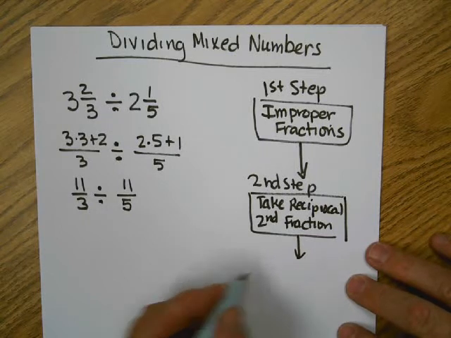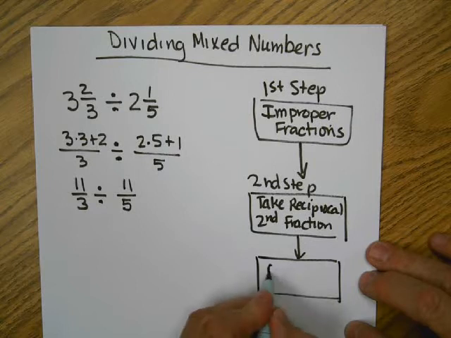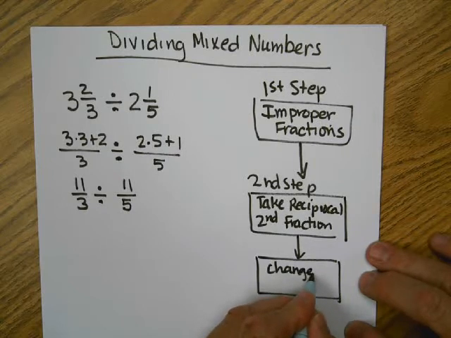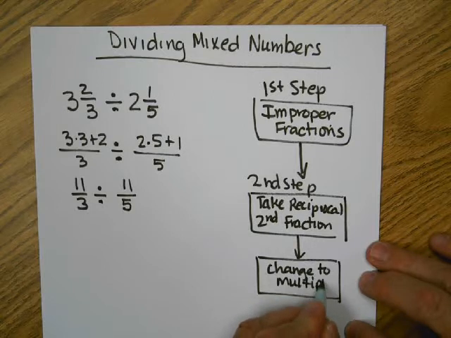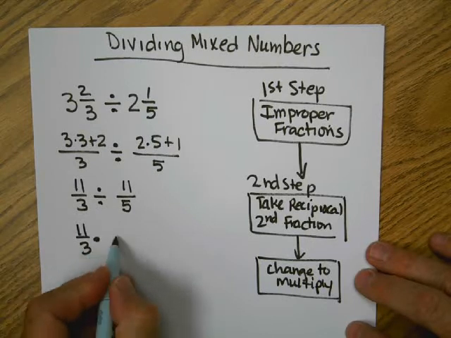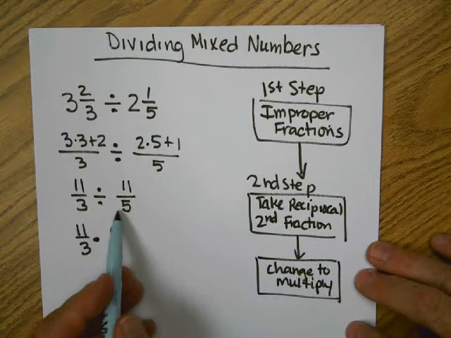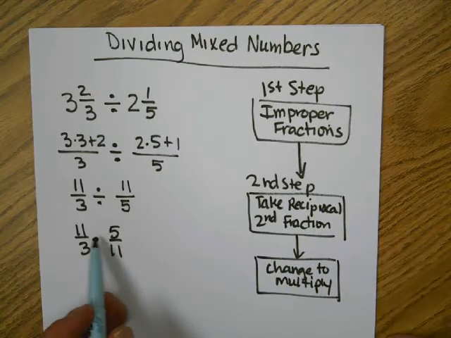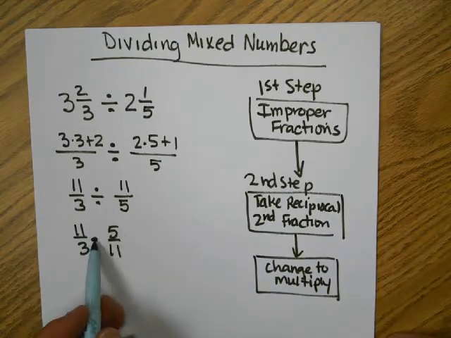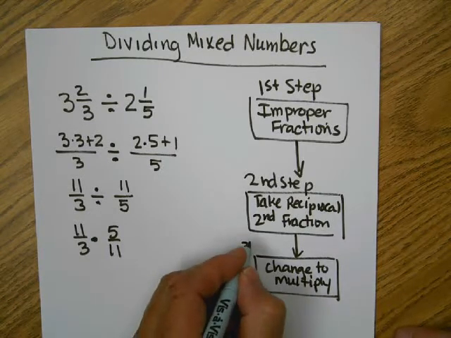Then our third step, change to multiply. So we have 11 over 3 times 5 over 11. We took the reciprocal of our second fraction by flipping it upside down, and now we change from divide to multiply. This is our third step, sorry.